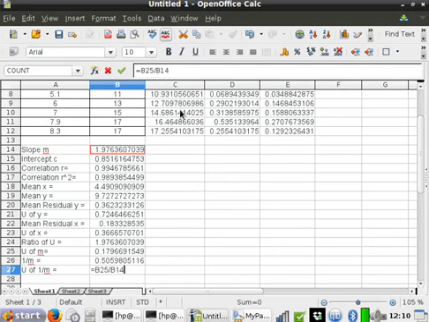So that equals the uncertainty in m divided by m squared. So a really small number here, 0.046. So we are quite accurate in our estimation of 1 over m.